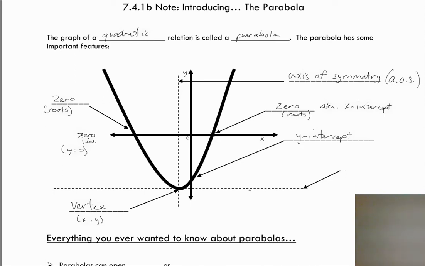We got one more thing down here. We have another imaginary dotted line going along this bottom, hitting the vertex. And we would have the optimal value. And we call this either a max or a min. Now, in this case, it's a min, right? Because we're going upwards, and we bottom out at the minimum, and we come up.